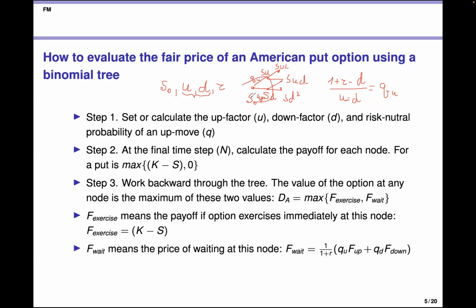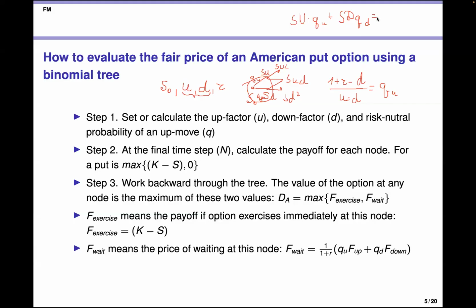For a one period model, the mathematical expectation for the future of the stock is SU multiplied by QU plus SD multiplied by QD.